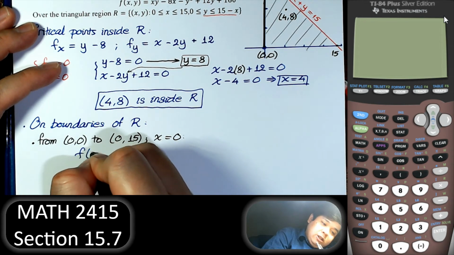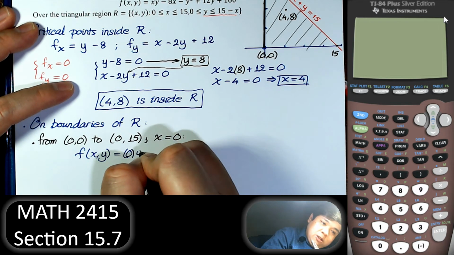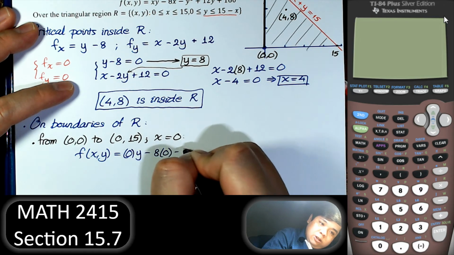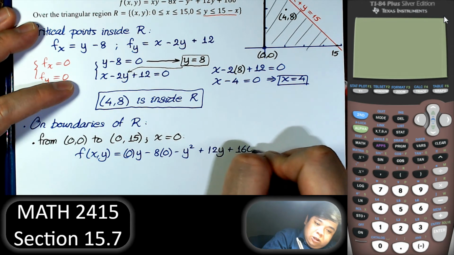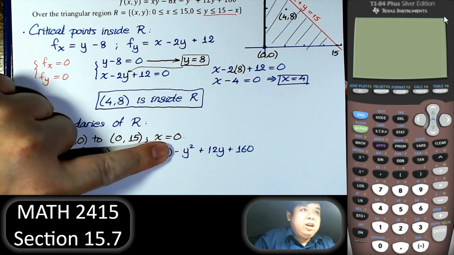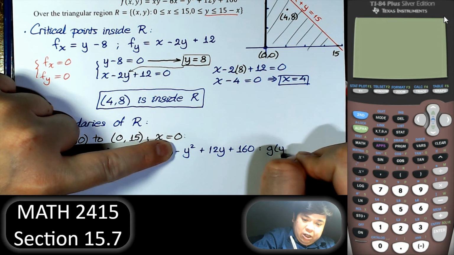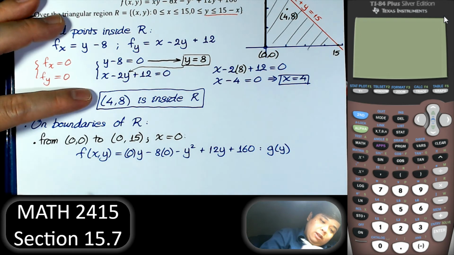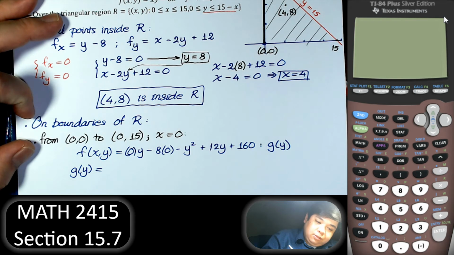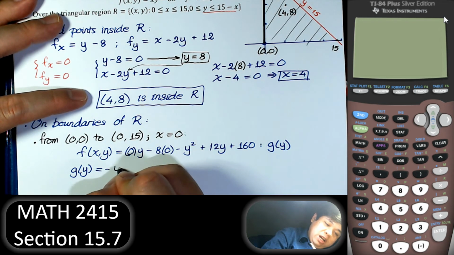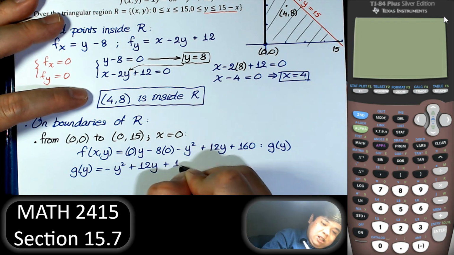So when x equal to 0, notice there's no more x here, right? So that's all we have. We'll make this function be a function of y only, that equal to negative y squared plus 12y plus 160.